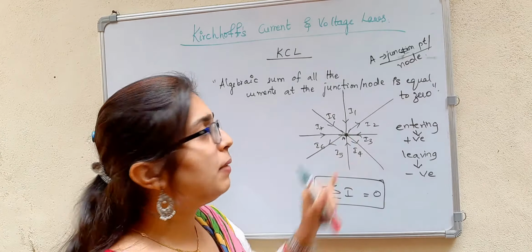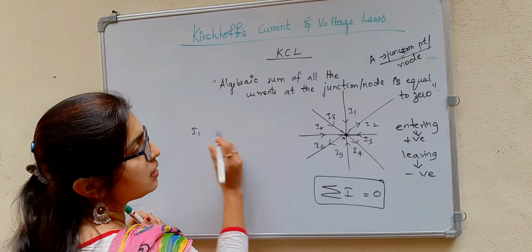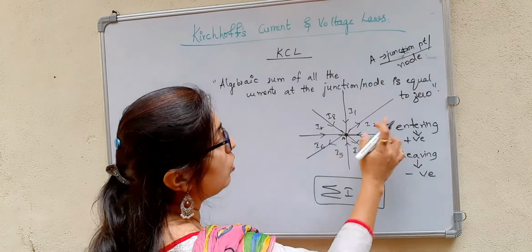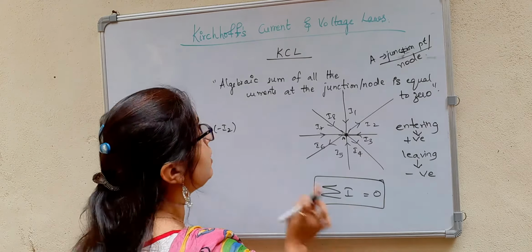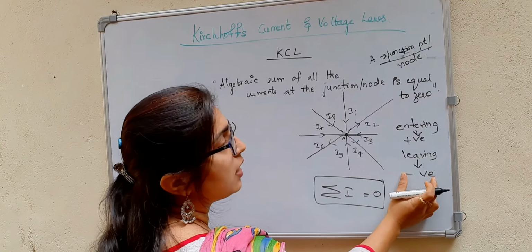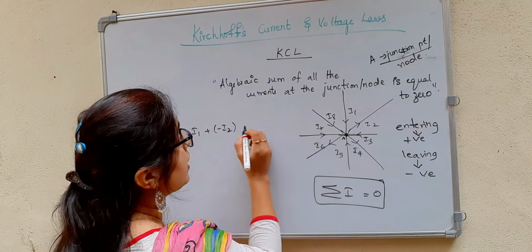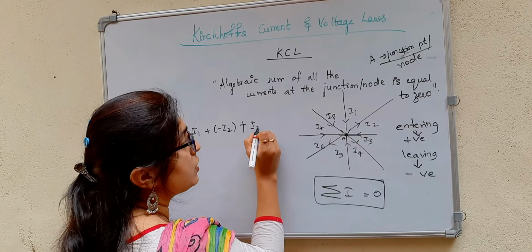Current which is leaving the node will be considered as negative. So let us apply here. I1 is entering, so it is plus I1. I2 is leaving the node, so it is minus I2. It is an algebraic sum, right? So I am taking the sign of the currents as negative or positive. Next plus I3, it is entering the node, so it is positive.